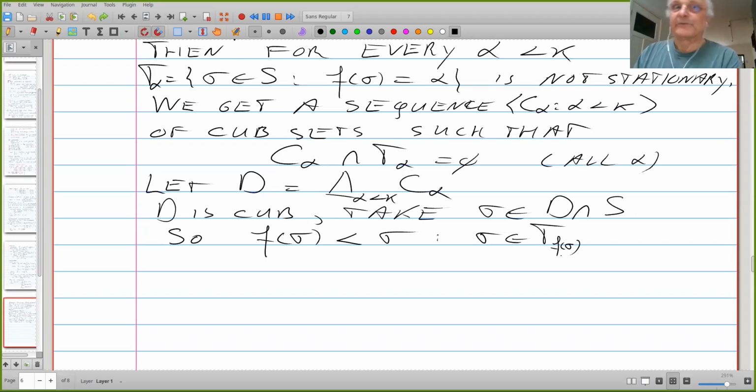So T of F sigma is all the members of S that have F sigma as their image. And also, because D belongs to the diagonal intersection of all the C's, we find that sigma also belongs to the C that goes with F sigma. And there is our contradiction.